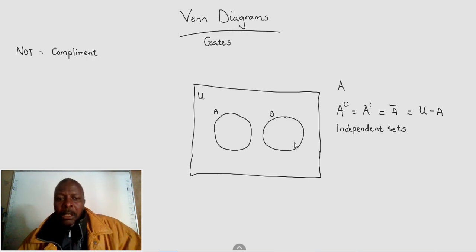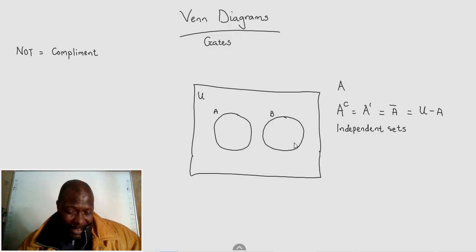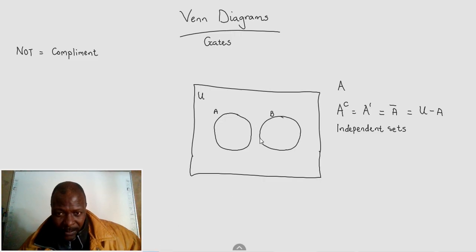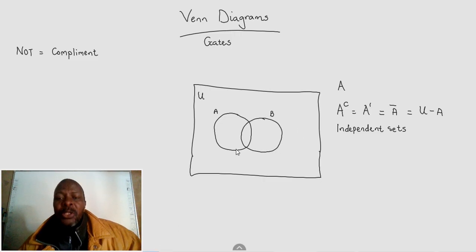But there are sets that really have some things in common. Let's move this set closer and put it in there. Let's suppose we go back to our universal set of animals. One set is two-legged animals and the other set is four-legged animals.